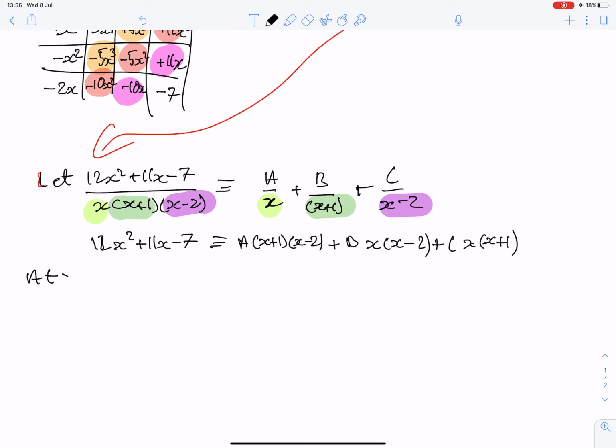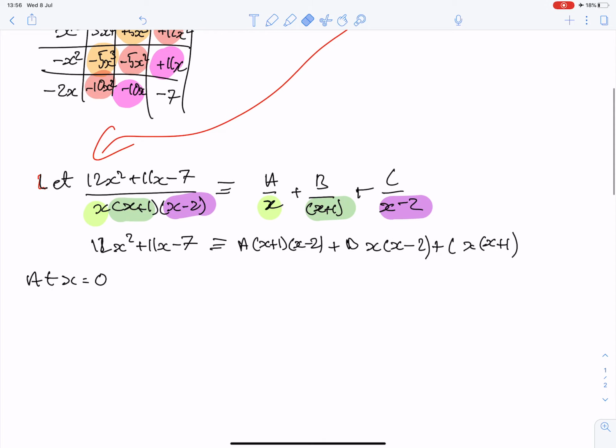So at x equals 0, we get 0, 0 minus 7 is equal to negative 2a. 1 times negative 2 is negative 2, so you get negative 2a, so a equals 7 over 2 after the cancelling of the minus signs and dividing down by 2.